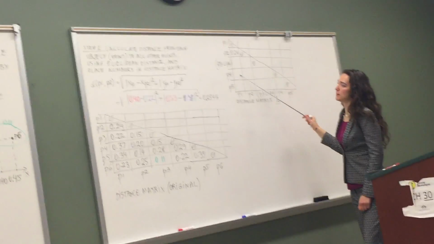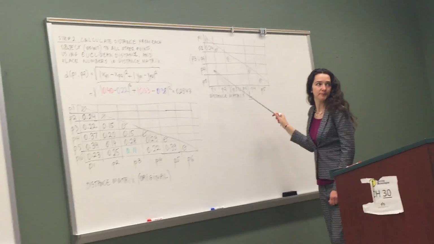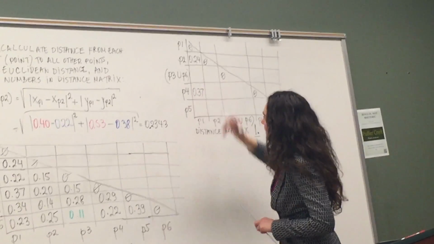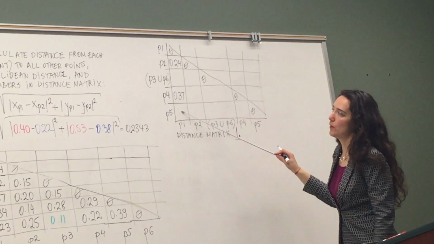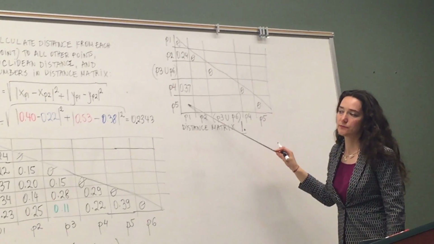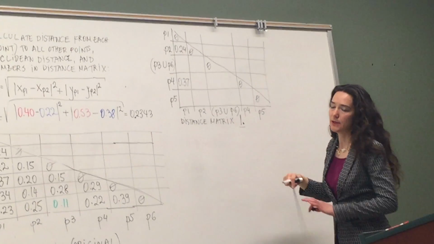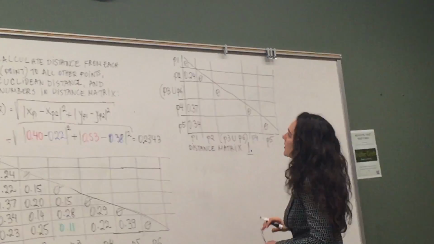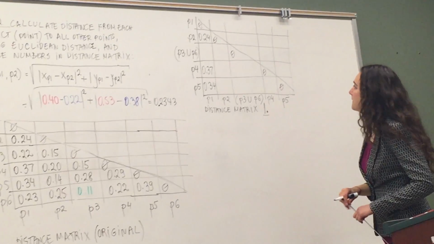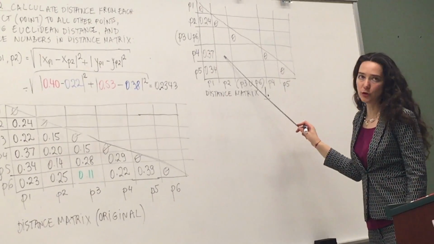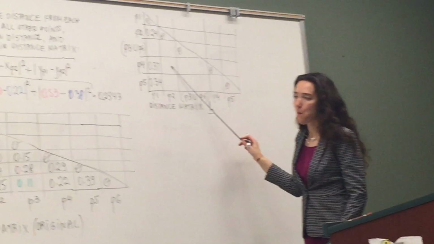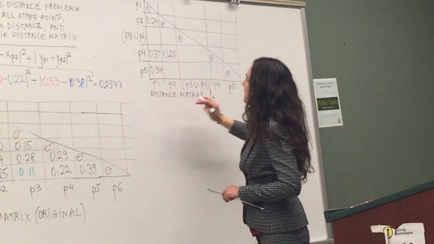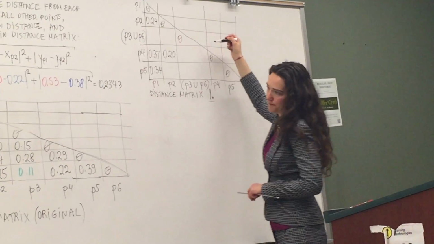Can we copy this box? Point 4 to point 1? Yes, so that's 0.37. Can we copy point 5 to point 1? Yes, 0.34. Can we copy point 4 to point 2? Yes. Really, all of them we can copy except for this column and this column.